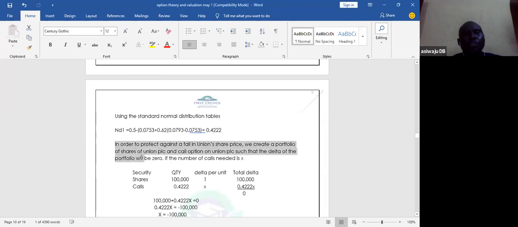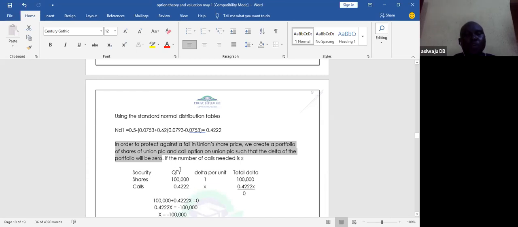In order to protect against a fall in Union share price, we create a portfolio of shares of Union PSC and a call option on Union PSC such that the delta of the portfolio will be zero. As I said, the total delta must be zero. A portfolio must have at least two investments.